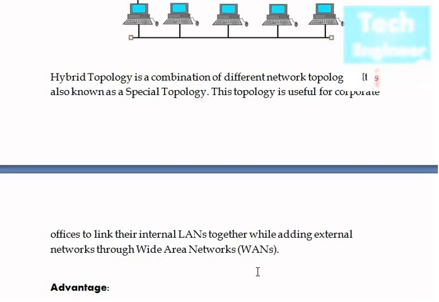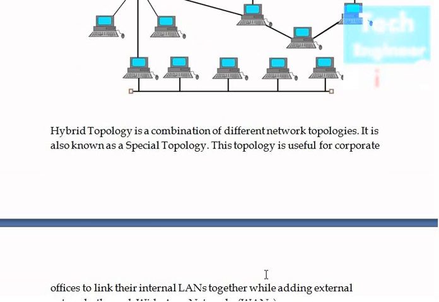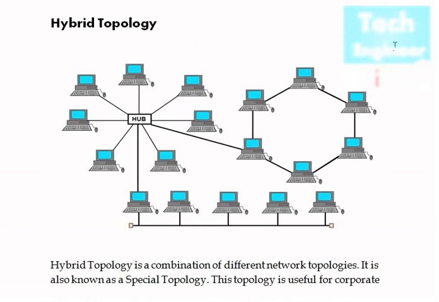So not only the internal LAN, but with these devices you can get access to the external LAN also, the external WAN, the external connection. So this is the beneficial thing about hybrid topologies.